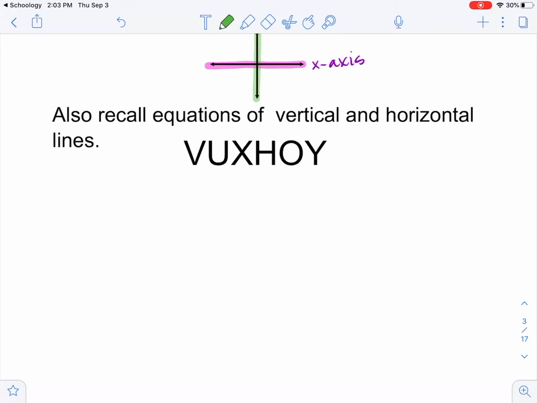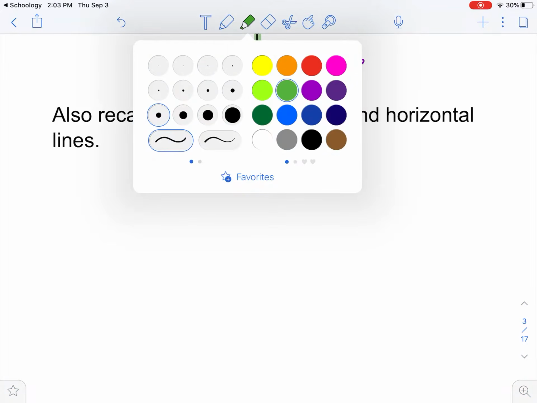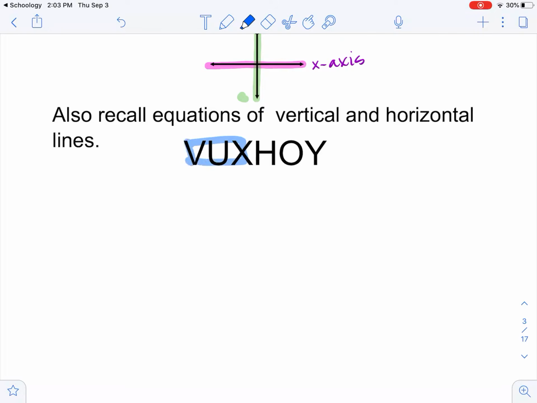Also recall equations of vertical and horizontal lines. Vux Hoi is the mnemonic device to help you remember which is which. Vux goes together and so does Hoi. Vux stands for vertical lines.